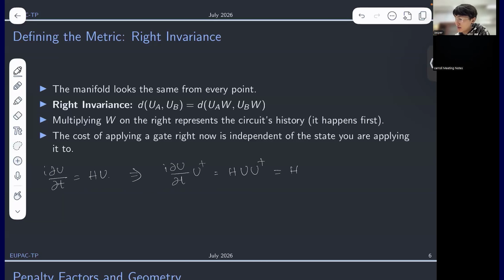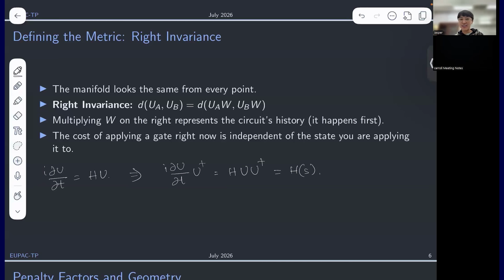This will give us our Hamiltonian H(s). Going along with right invariance, we make sure that the cost we define on this metric is independent of whatever gates we have applied previously on our state.